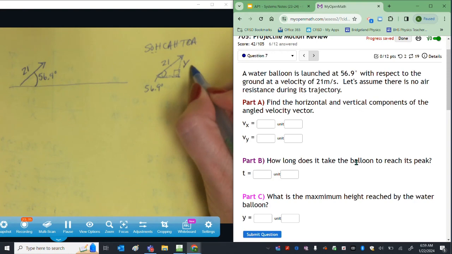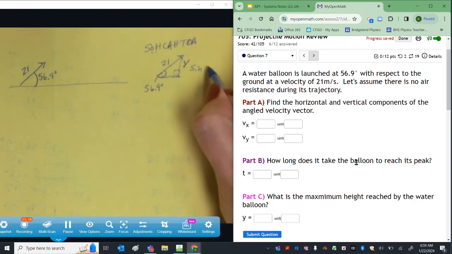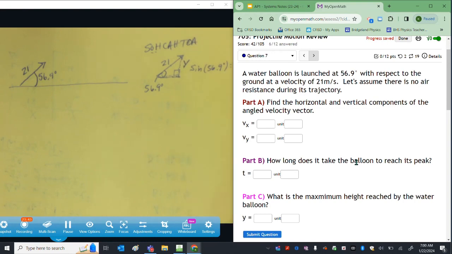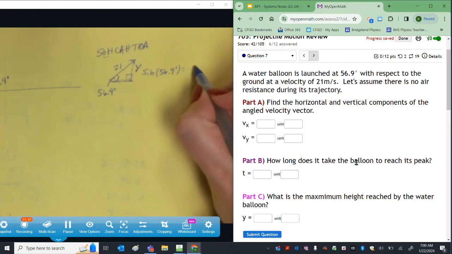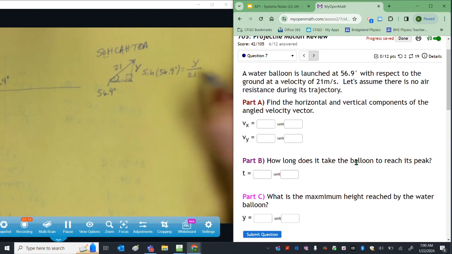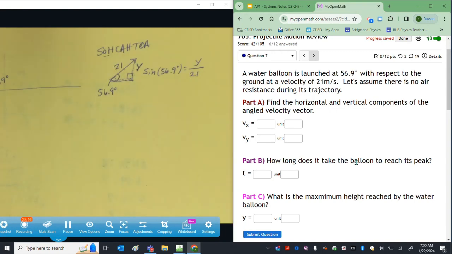And in this one, I would say that the sine of 56.9 degrees equals, and again, this is going to be opposite over hypotenuse, so opposite is y, hypotenuse is 21. So it ends up being 21 times sine of 56.9. Again, when you're doing this, you do need to make sure that you're in degree mode.